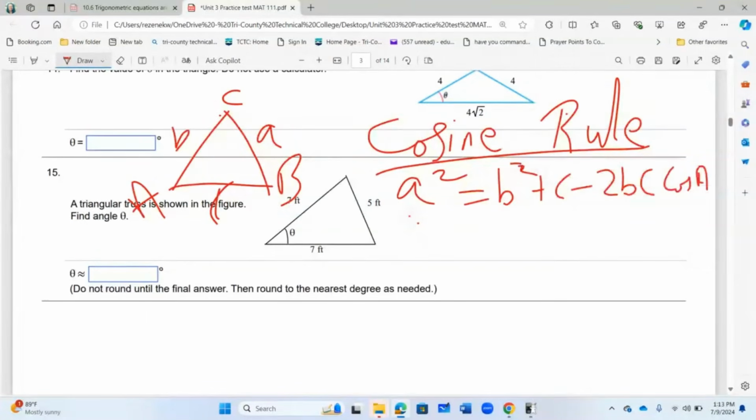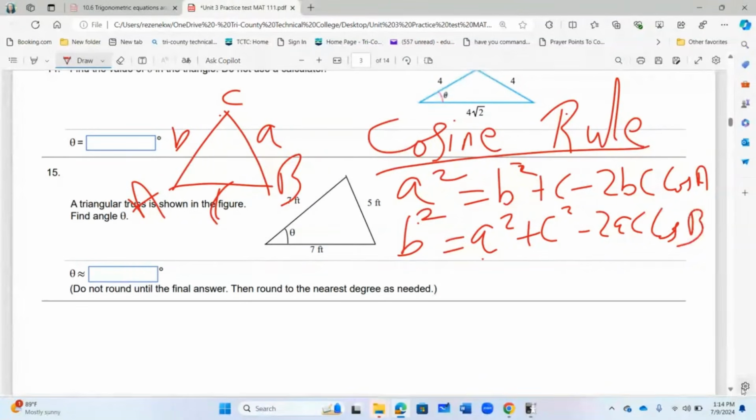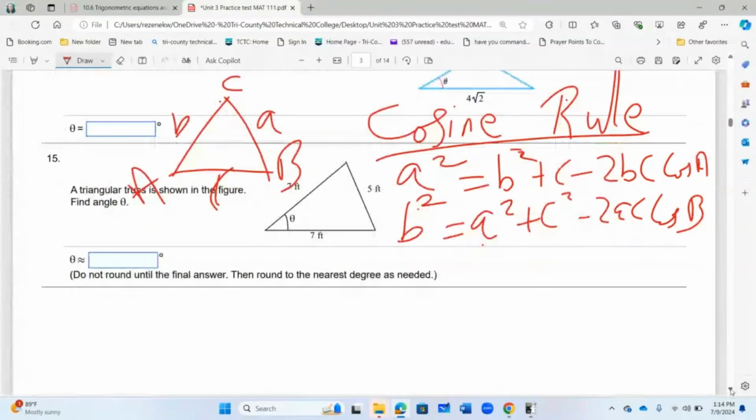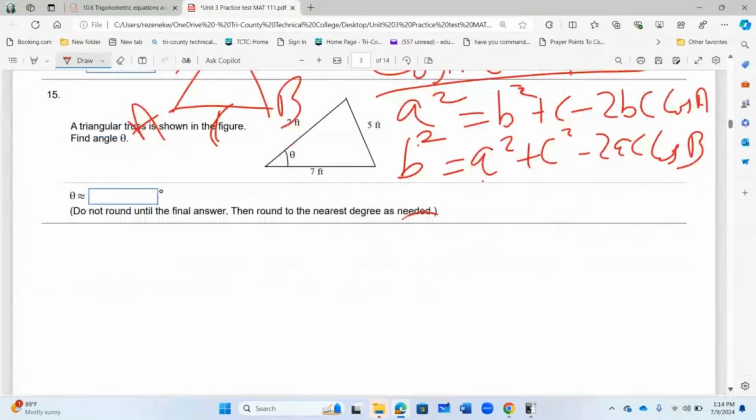If I'm looking for B squared, then I'll use my cosine of B. And then if I'm looking for side C, C squared is equal to A squared plus B squared minus 2AB cosine of C.